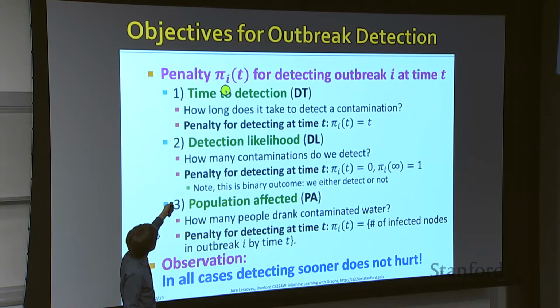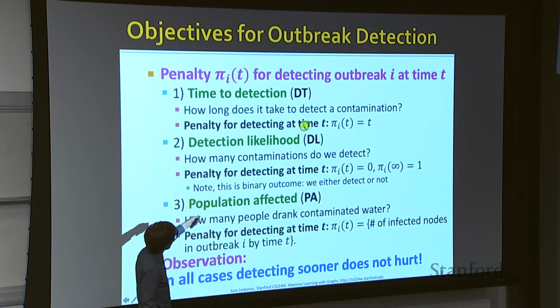It says, what is the penalty for my placement of sensors to detect outbreak i at time t? Time to detect says how long it takes to detect a contamination. So the penalty for detecting at time t would simply be equal to t. If I detect the outbreak at time t, then the penalty I incur is t. The bigger the t, the more penalty.